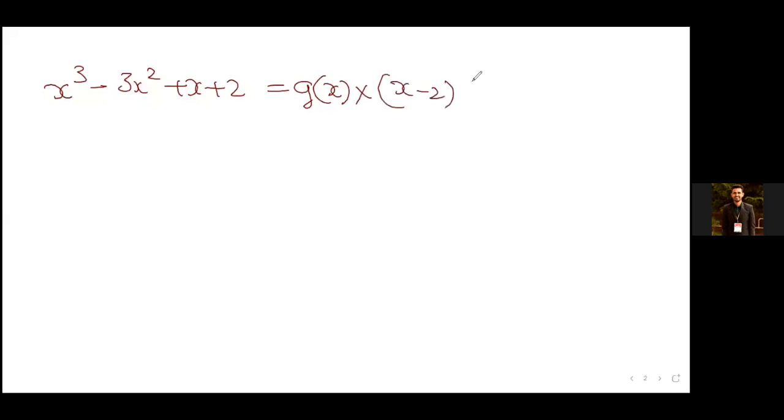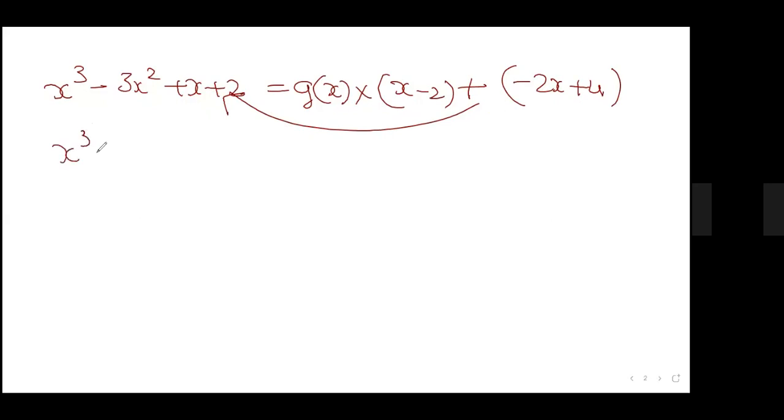The dividend here is x cube minus 3x square plus x plus 2, and g of x into the quotient, that is x minus 2, plus minus 2x plus 4. Just rearrange this and take to other side.